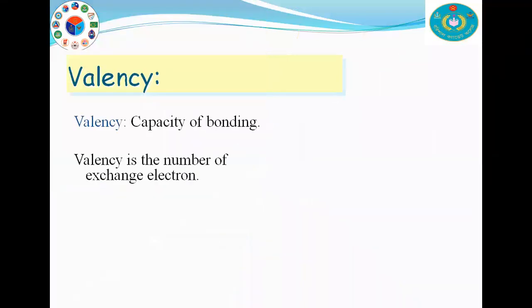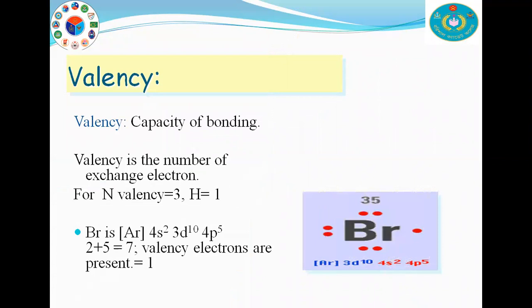Valency. Another term, valency, the capacity of bonding with another element. Here in case of ammonia, nitrogen combined with 3 hydrogen atoms.